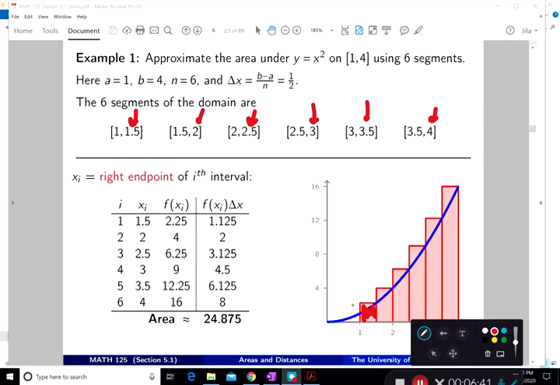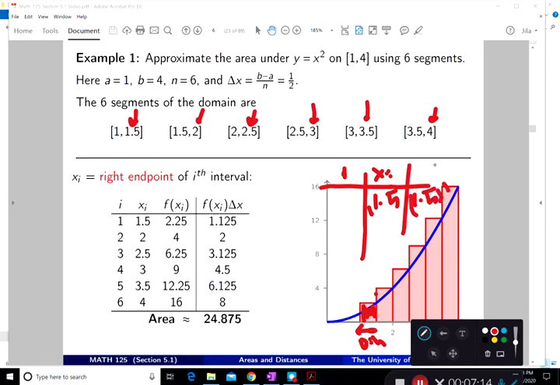So this rectangle is going to have the width, which is 0.5, times f of 1.5, where f is x squared. So you start with the first interval. The xi is the right one. That's 1.5. F of xi is 1.5 to the power 2.